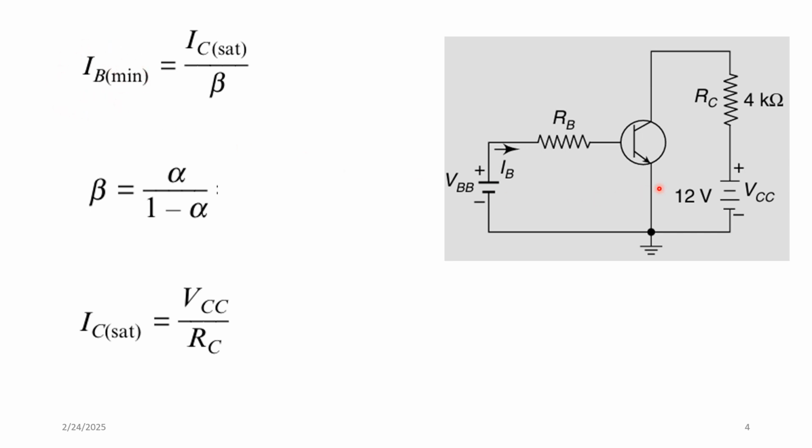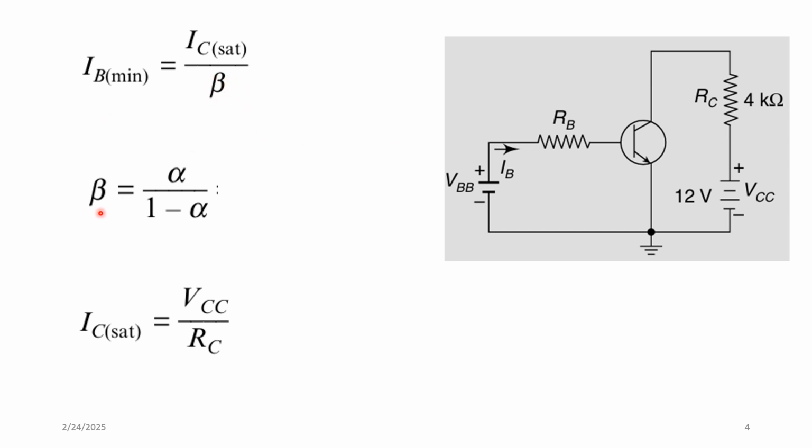For that, we use the formula IC saturation divided by beta. Beta is the current gain, which is always larger in common emitter, one of its advantages: high voltage gain and medium current gain, so power gain is high. Due to that, common emitter is always preferred.